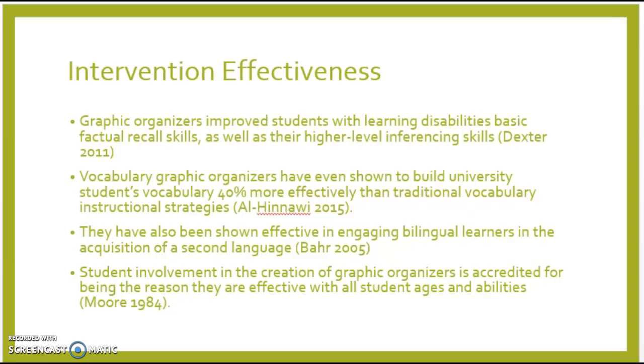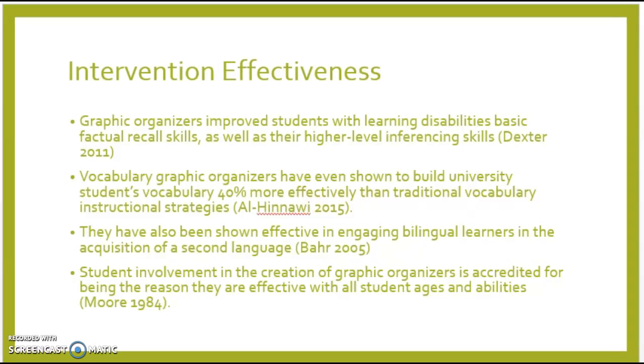Graphic organizers improved students with learning disabilities' basic factual recall skills as well as their higher level inferencing skills. In an international research study, vocabulary organizers were shown to build university students' vocabulary by 40%.